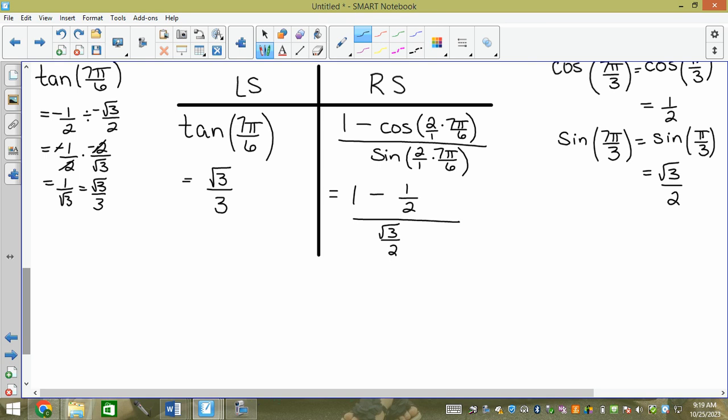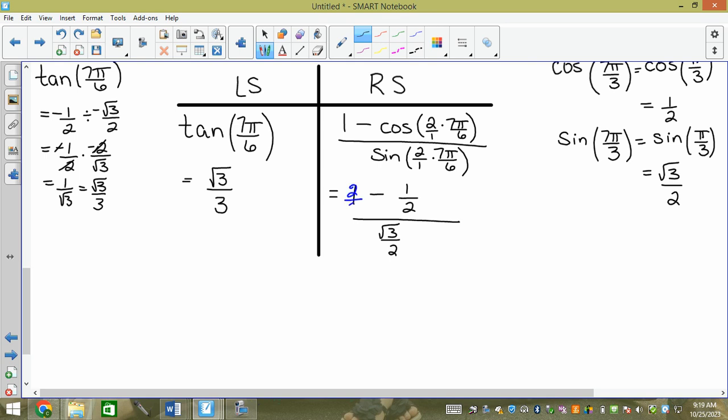We need to make a full fraction divided by a full fraction. You cannot flip the root 3 over 2 until the whole numerator is a fraction. So if you guys learn that, you'll be so good in this unit. You have to have a full fraction numerator and a full fraction denominator before you're allowed to invert and multiply. Currently, we do not have that.